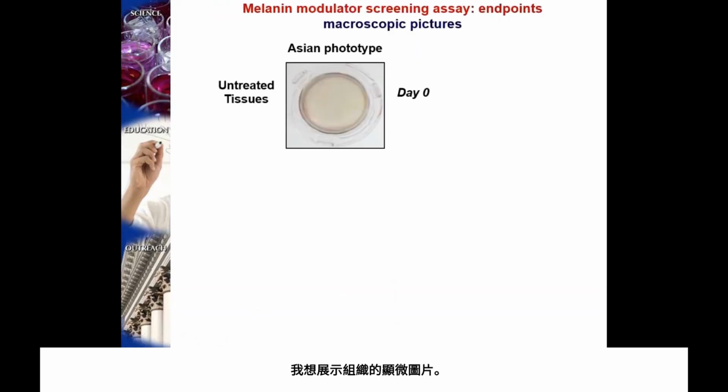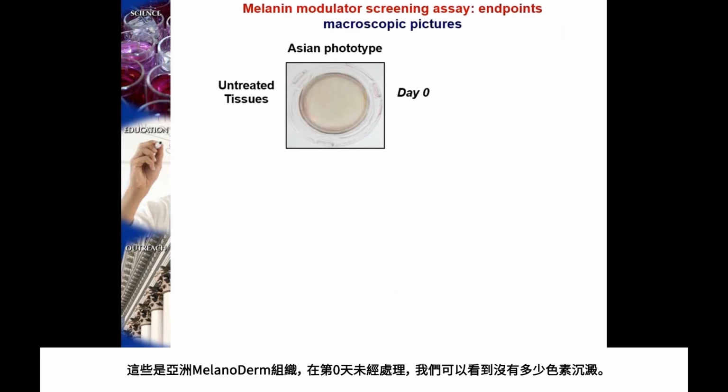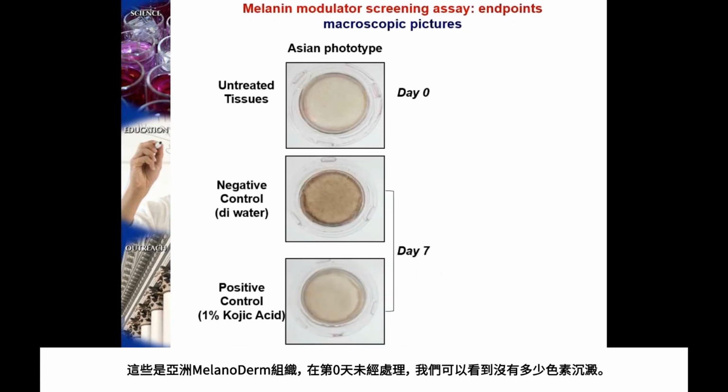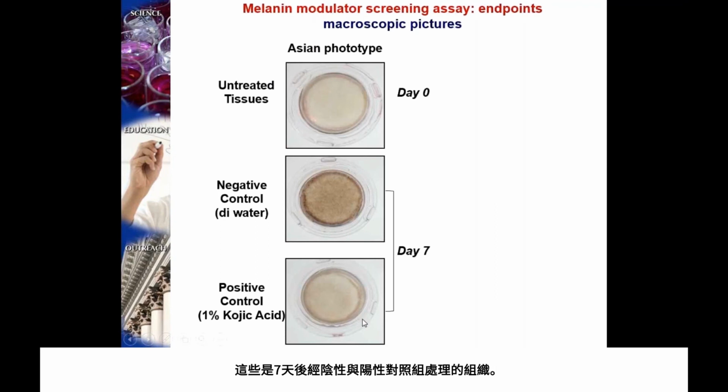I would like to show you macroscopic pictures of the tissues. These are Asian melanoderm tissues untreated at day 0, where you can see that not much pigmentation is visible. And these are the negative control treated tissues and positive control treated tissues after 7 days.